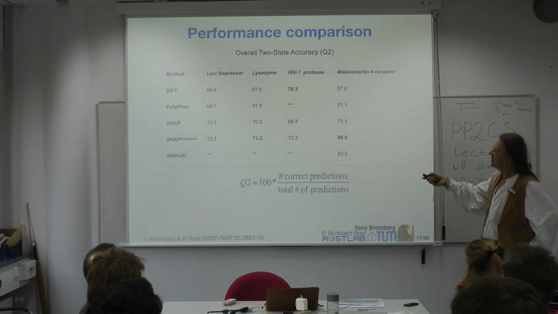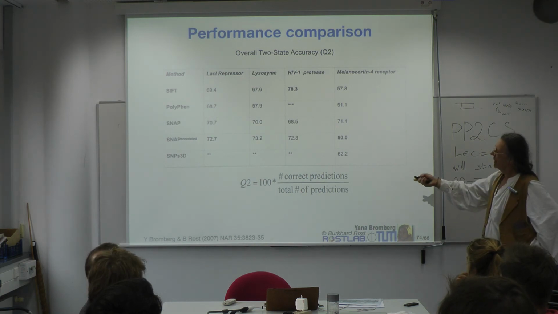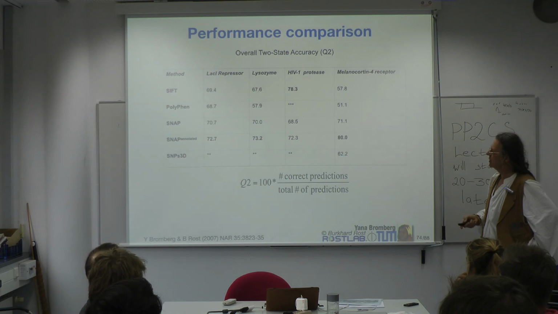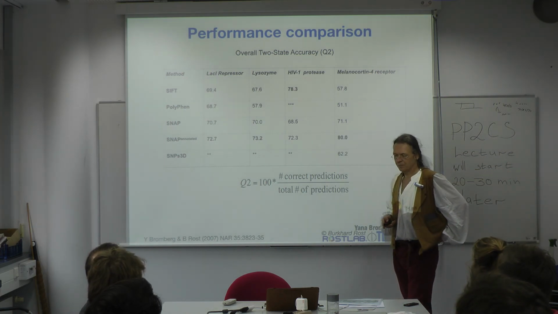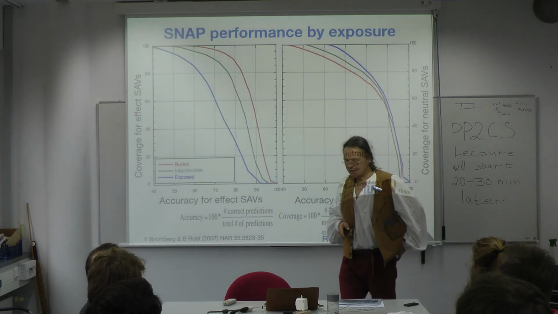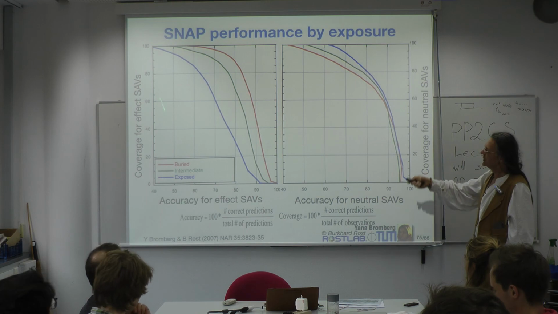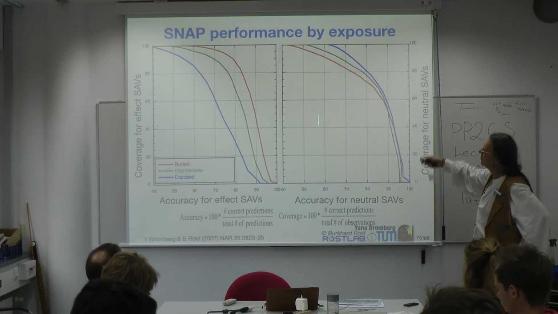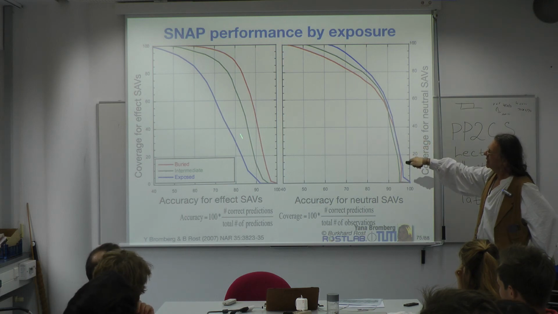And so essentially what you see is that SNAP, the machine learning device, is performing at least as good as the others, even better, and that the annotated one here, which uses these features of annotation, actually improves over this one too. And in detail, you see the accuracy versus coverage for effect and for neutral, for buried in red and exposed.